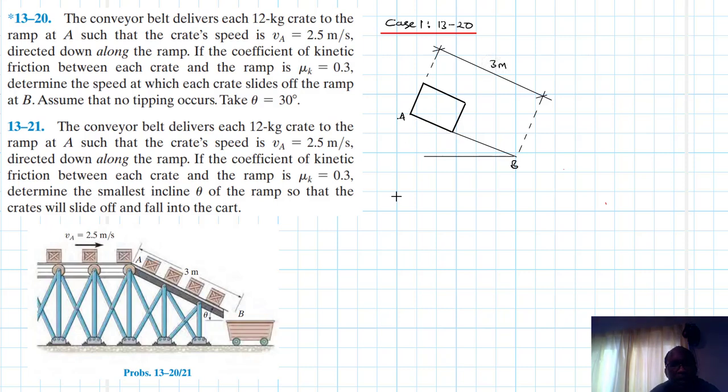Okay, so this is going to have some weight acting at the center of gravity. So let's say that is our weight W, and then this is going to have some components. It will have one component in this direction like so, then it will have another component in this direction like so.